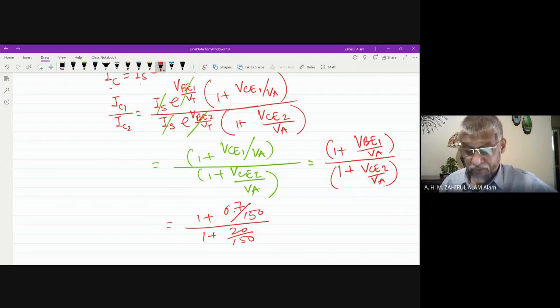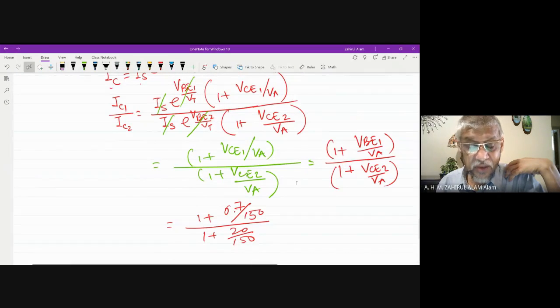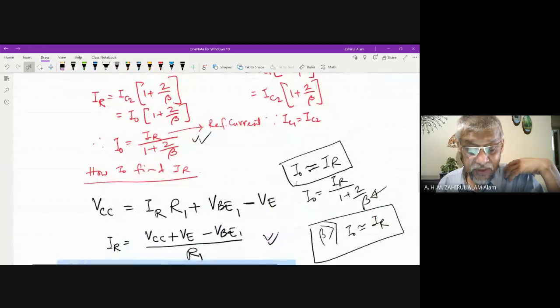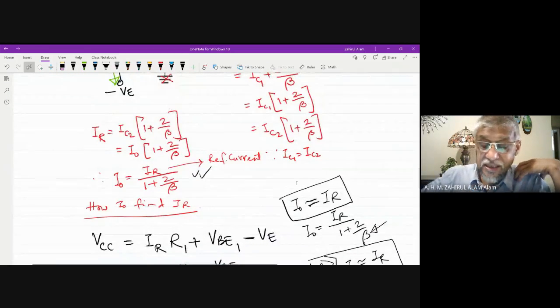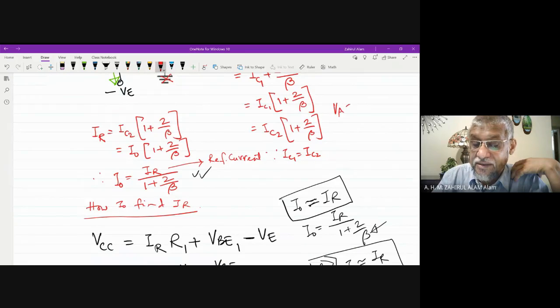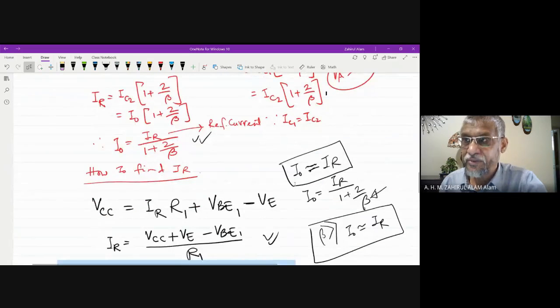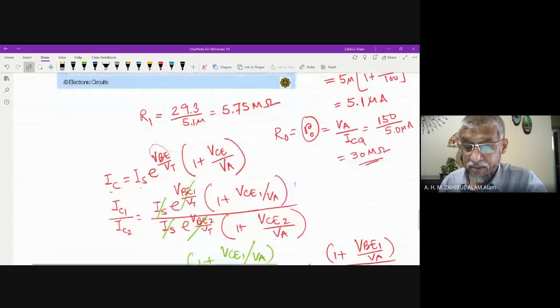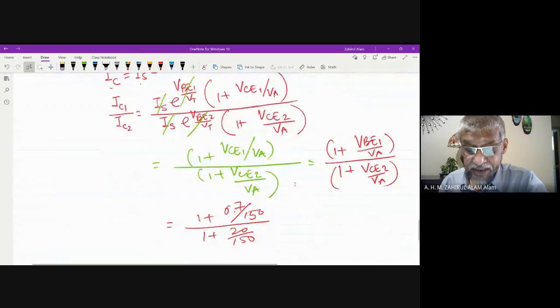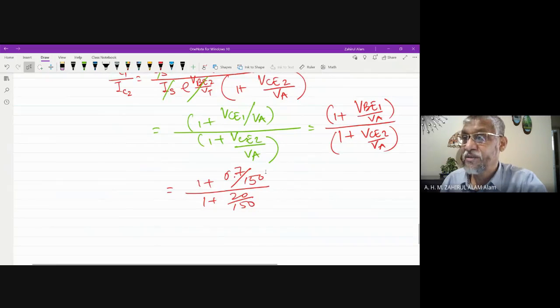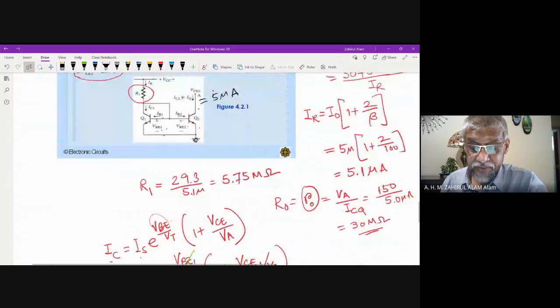So for a non-ideal transistor with the early effect, IC1 is not equal to IC2, because earlier we considered VA equal to infinity, where IC1 equals IC2. But when VA is not infinity, we can see there is some deviation: IC1 is not equal to IC2.